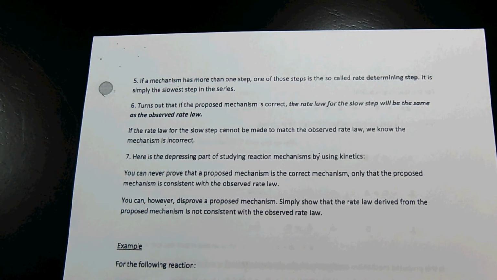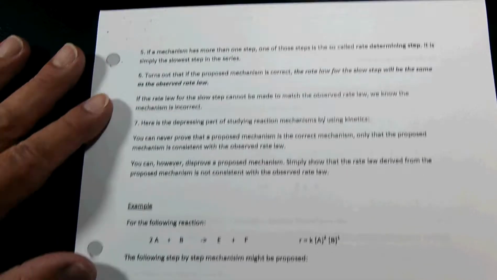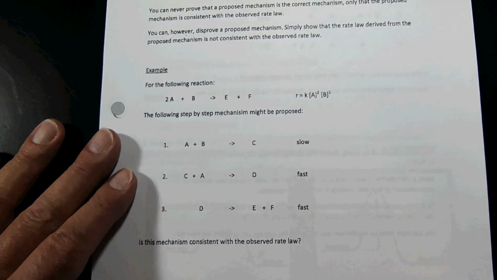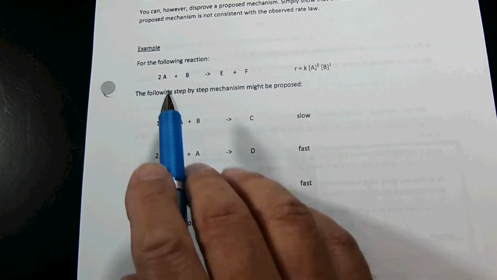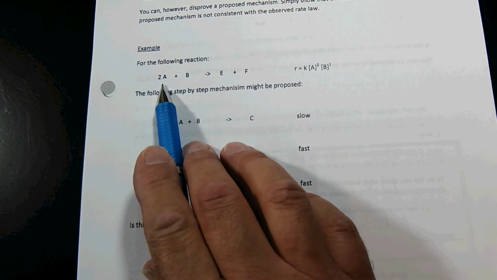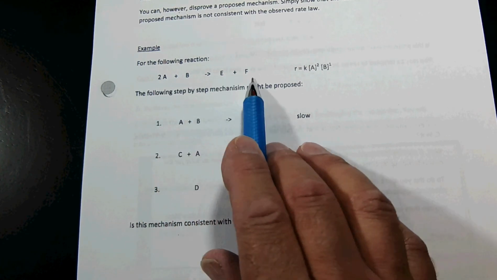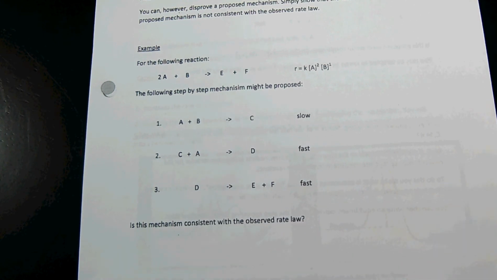Let's take a quick look at an example or two. Let's take a look here at this situation. Say we have our overall process, or overall reaction. Two molecules of this react with the B, they give us the products. And we measure the rate law.